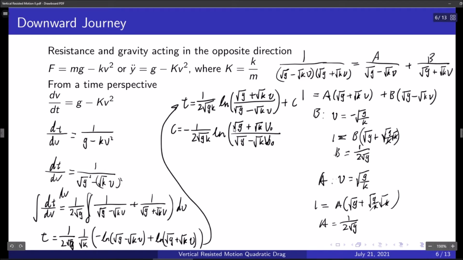Okay, so to combine everything, it's pretty messy actually.